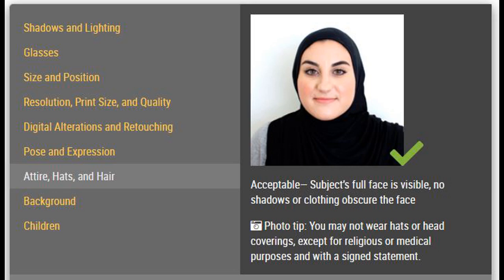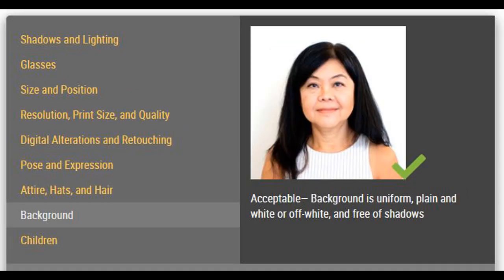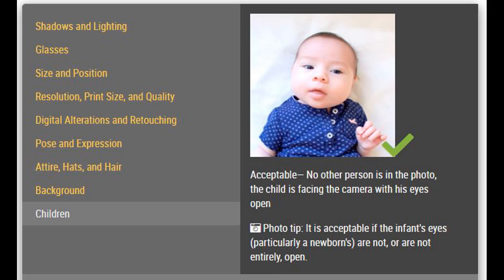But there are exceptions. It's allowed only for religious or medical purposes. In this photograph, the background, as you see, is plain, uniform, and acceptable, and white or off-white and free of shadow.